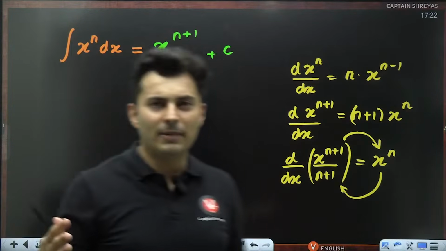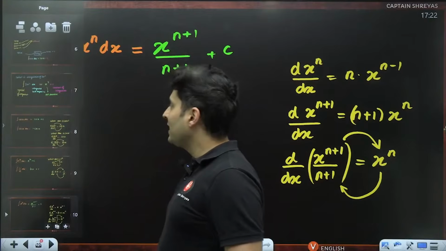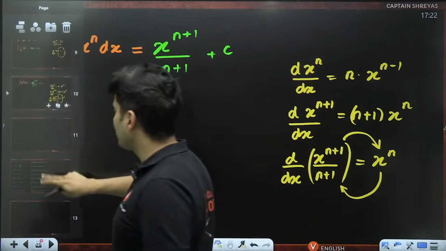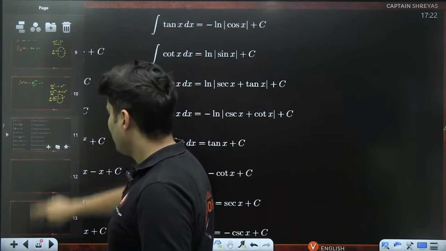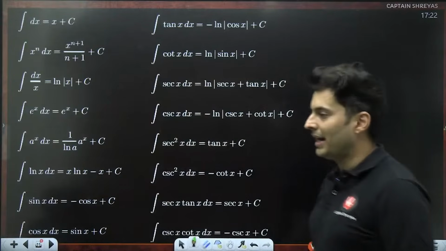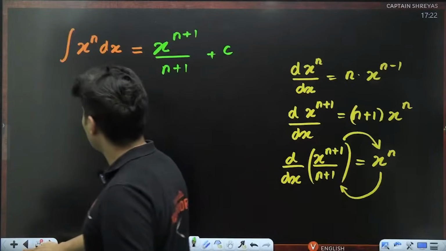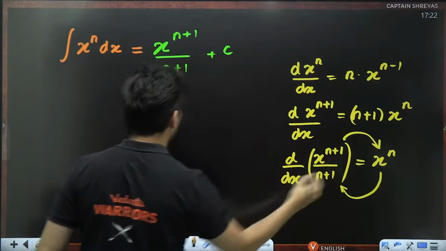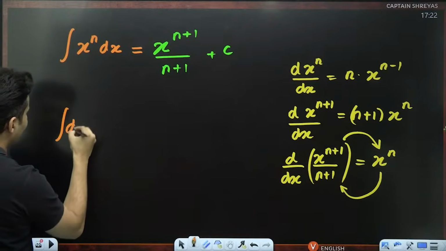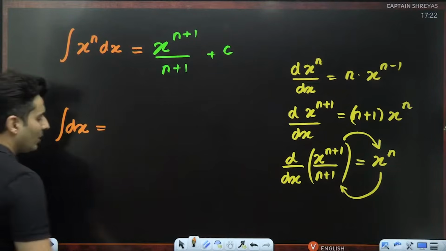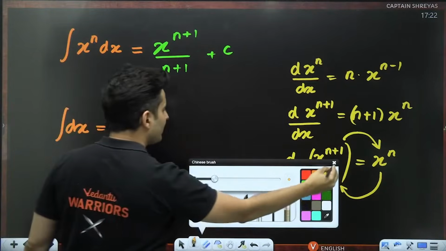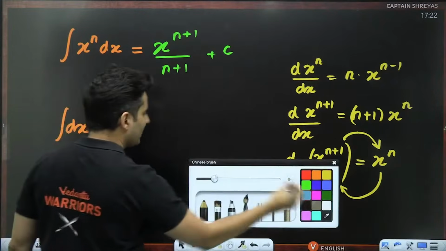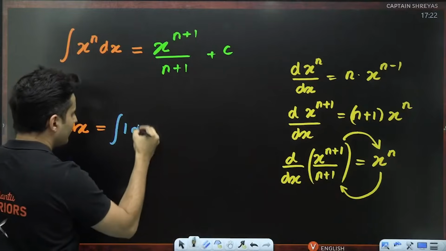So the same thing you can apply for other things also, and we get the formulas of integration, which I think I have put over here. Let's have a close look at it. In fact, before showing you that formula, one last formula I can show you. What is just the integration of dx? Just think of it like this. Integration of dx means integration of 1 dx.